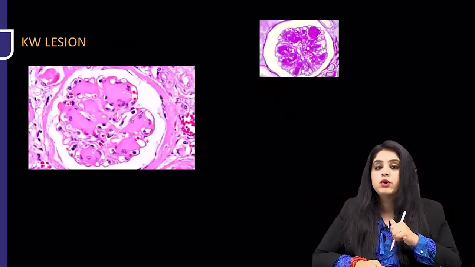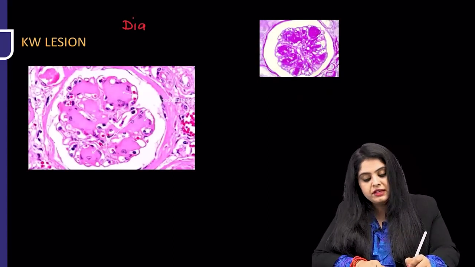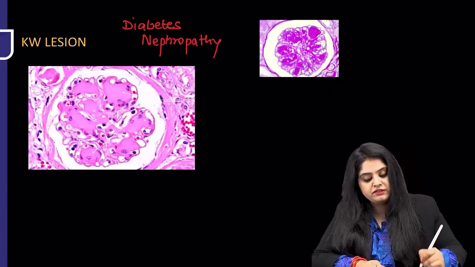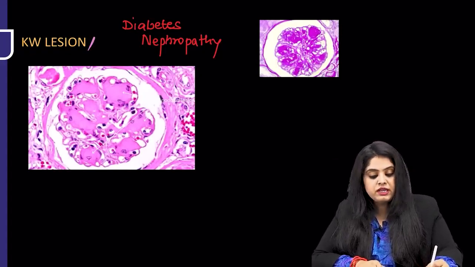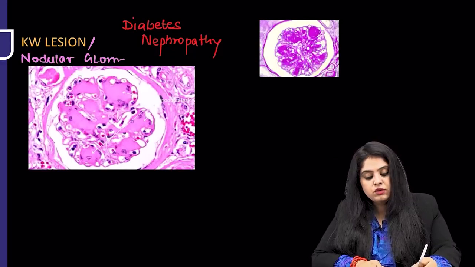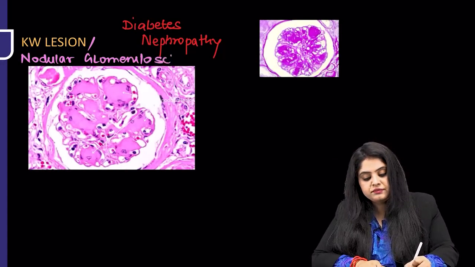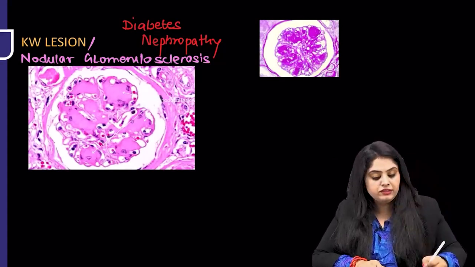Coming to the last one, what do you need to know for diabetic nephropathy? When I'm talking about diabetes, when I'm talking about the famous diabetic nephropathy, we can see a very, very famous image in front of us: Kimmelstiel-Wilson lesion. What is the other name of Kimmelstiel-Wilson lesion? It is known as nodular glomerulosclerosis, and you can see these nodules.